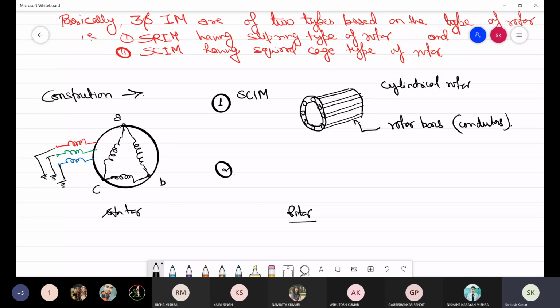These conductors or rotor bars are placed in the slots across the periphery of rotor.